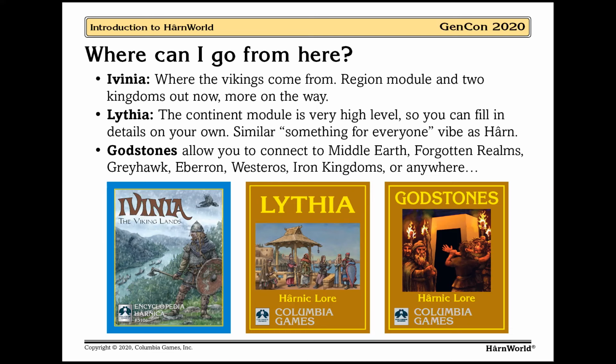So Ivinia, the Scandinavia of the setting, there's the region module, and 2 kingdoms have been published, and there's more being developed now. Lithia, the continent, there's a 32-page encyclopedia type article that gives a paragraph or 2 about each of the major kingdoms or realms of the Lithian continent.